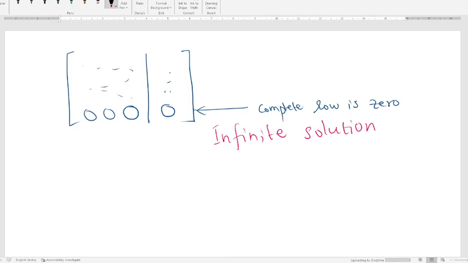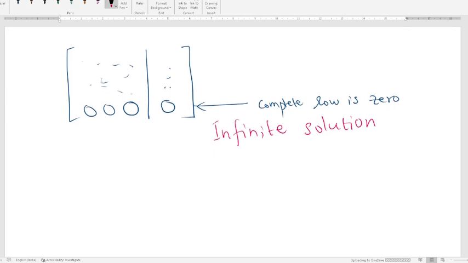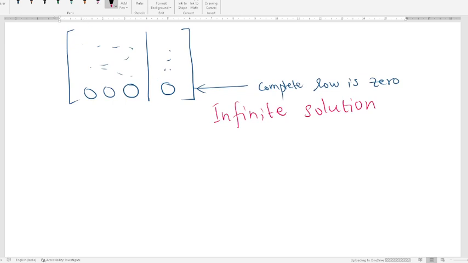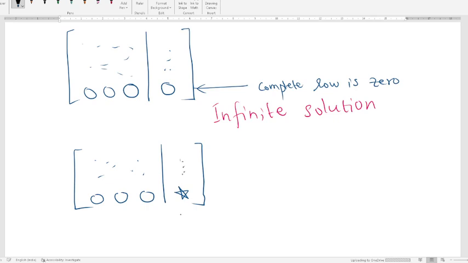We'll have infinite solution. Okay. When we're trying to do this row transformation, it might happen that all of these become equal to zero. In that case, there will be infinite solution. Also, there is another possibility. The other possibility is when we are trying to make things zero, we'll look at only the last row, okay? We get everything zero on the left hand side of the line, but on the right hand side there is a non-zero number, right?